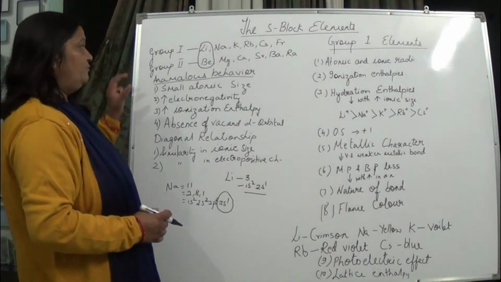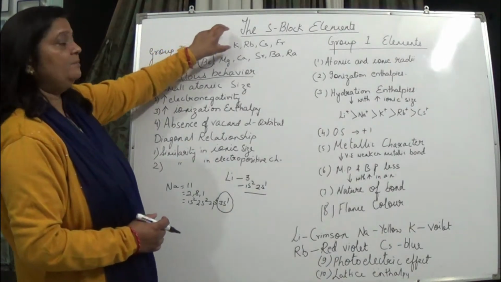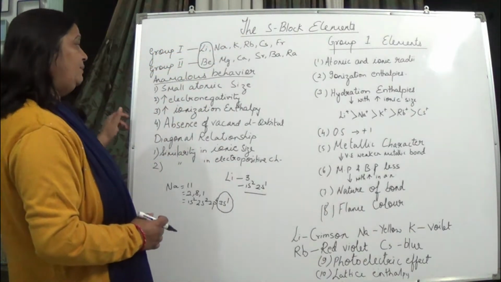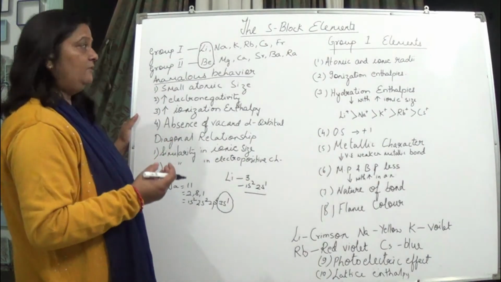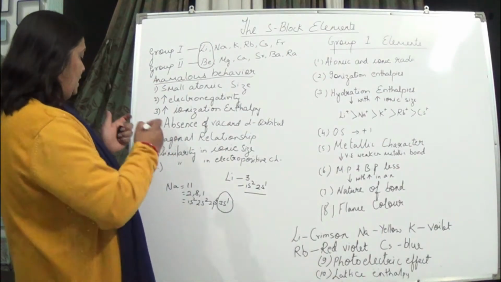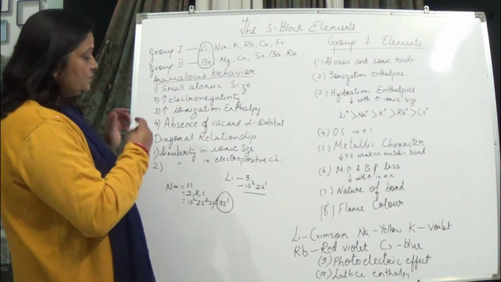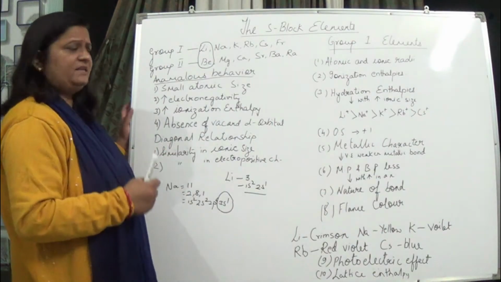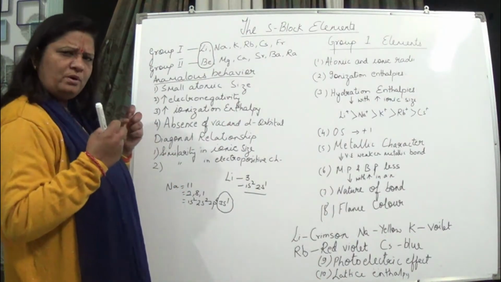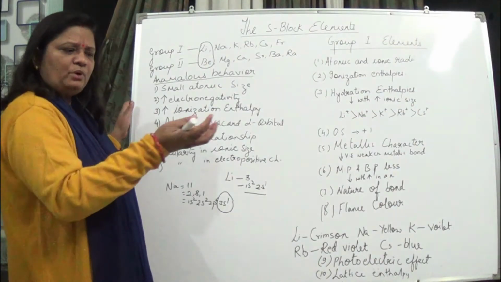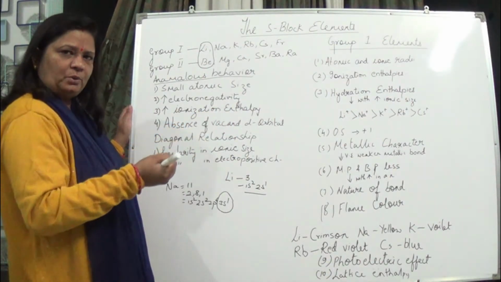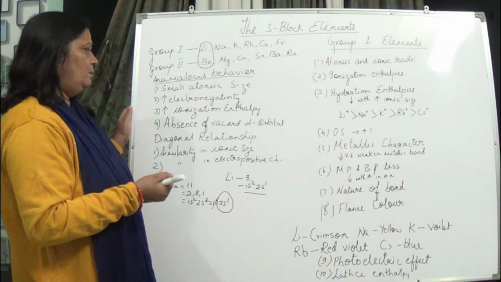And comparatively from the other elements present in the group, this makes a different behavior for lithium. Because of this small size, we can say that the electronegativity is more. It means the power to attract the shared pair of electrons is more.